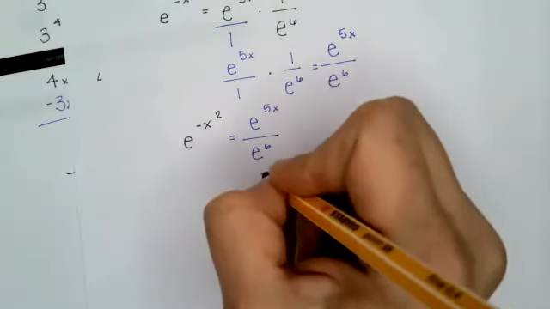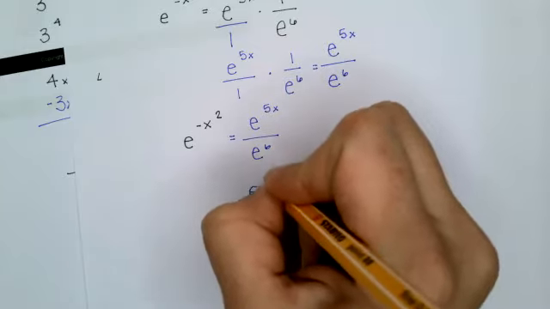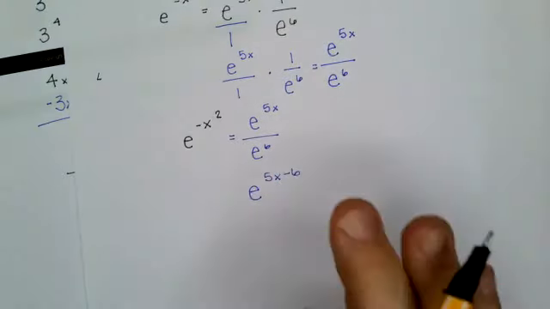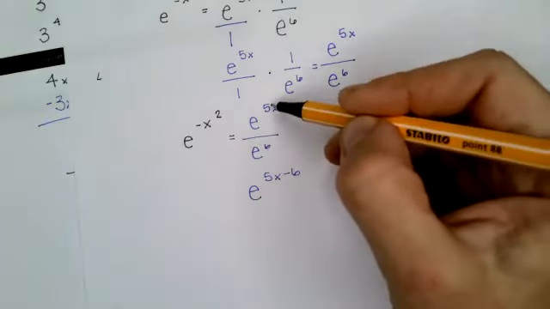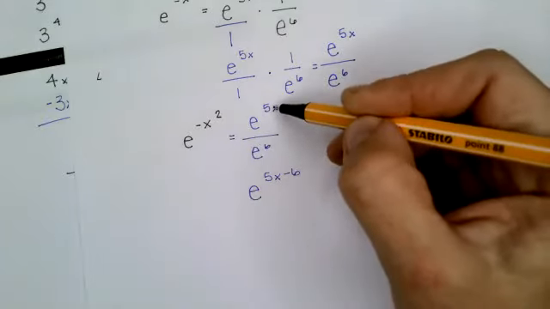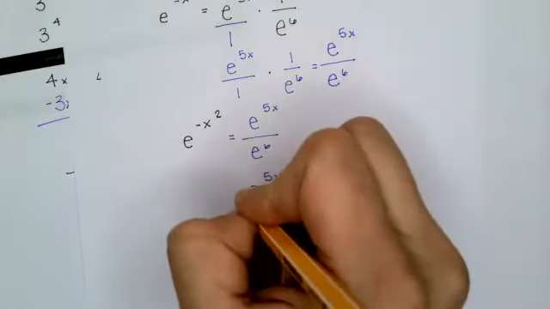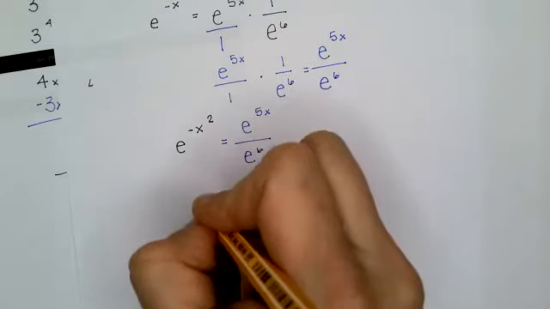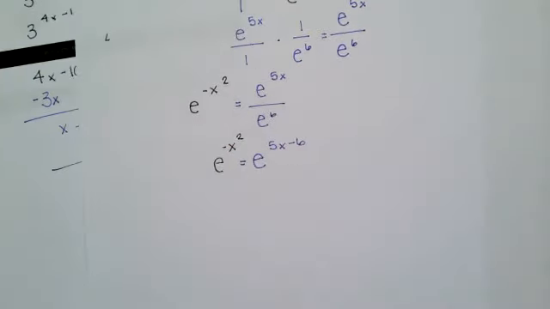According to the rules of exponents, if the base is the same, I can subtract the exponents. I can't take 5x minus 6 and get one term, but I can write those two terms and just have one base, which is what I need to solve for x, right?